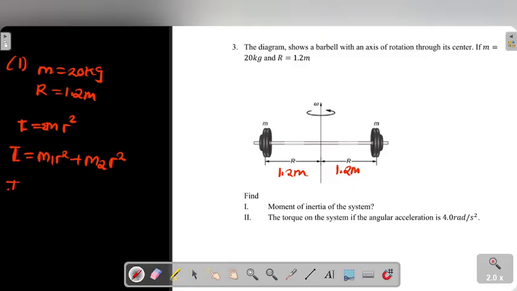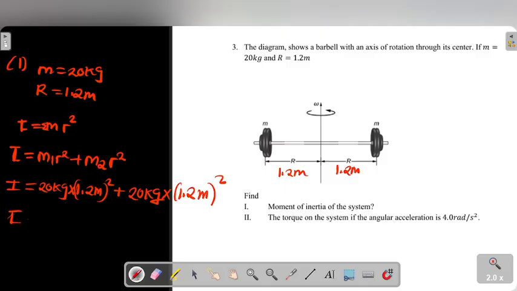So the moment of inertia will be equal to the mass, 20 kg, times the radius, 1.2 meters, squared, plus mass number 2, which is the same, 20 kg, with the same radius of 1.2 meters, squared.